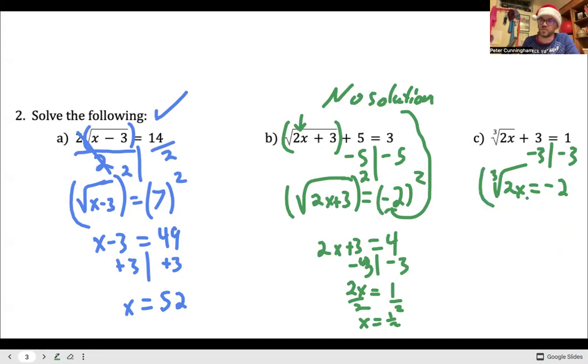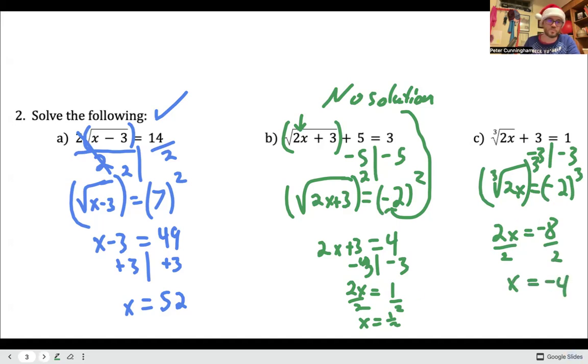So that's okay. So I'm going to cube both sides to get rid of that cube root. And now I have 2x equals negative 8. Going to divide both sides by 2. X equals negative 4. Onward.